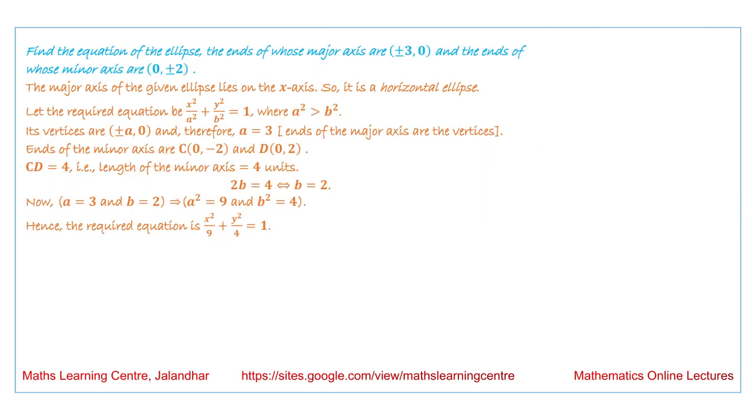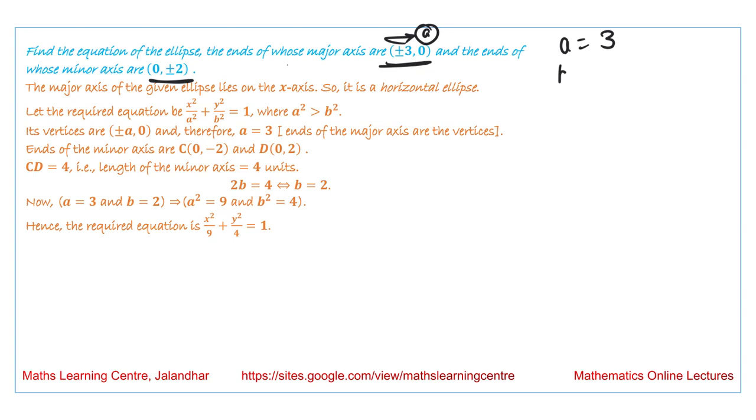Next is find the equation of the ellipse, the endpoints of whose major axes are plus minus 3. It means these are the values of a, and the ellipse that is given to us is the horizontal ellipse. The value of a is given to be 3, and endpoints of the minor axes are 0, plus minus 2.